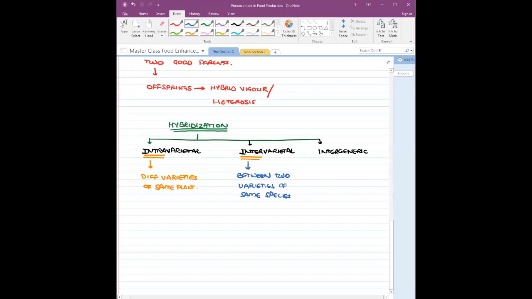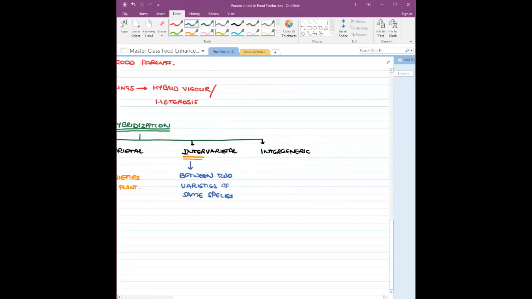Then after that we have intergeneric, meaning this can be within the same genus, within the same family basically.